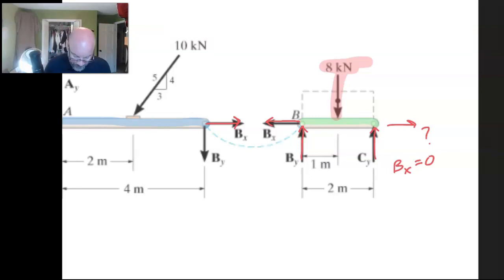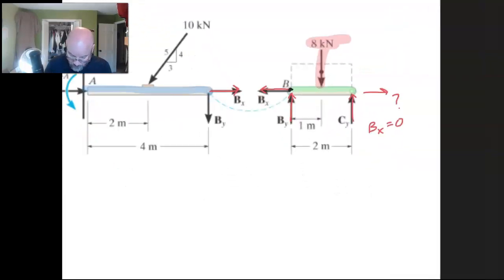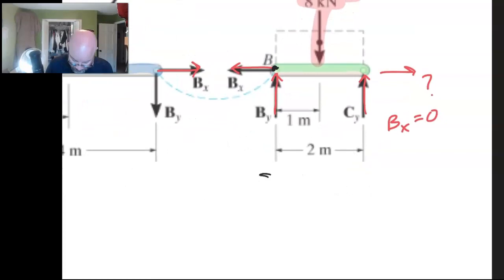If we put a pivot here, okay, move this around just a little bit. There we go. My 8 kilonewton force is out there, a distance of 1, so I've got a -1 onto 8 plus 2 onto CY.